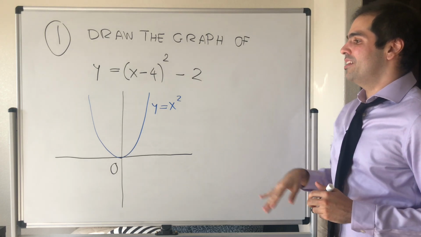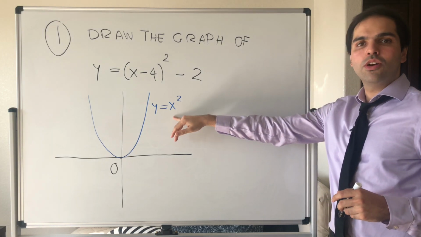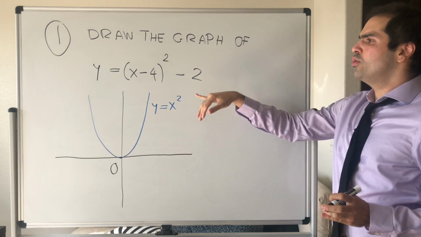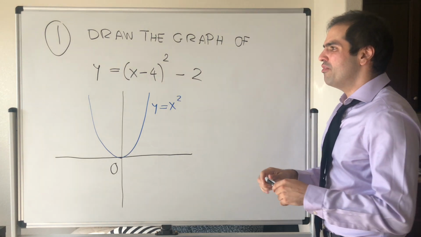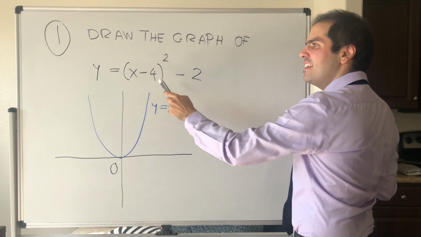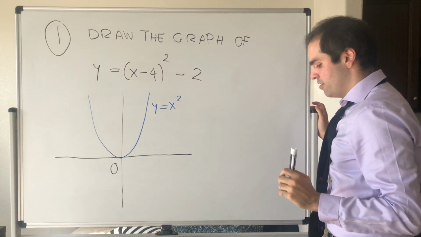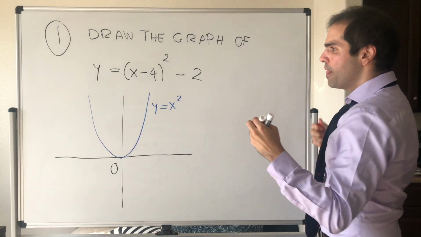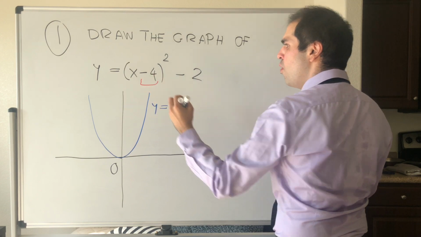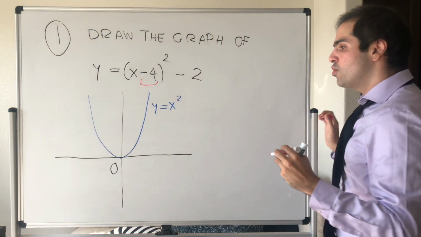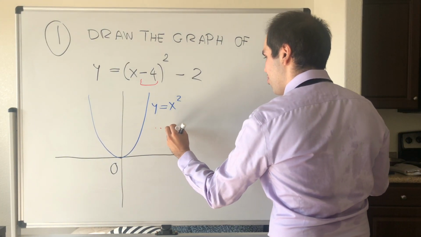Okay, question 1. Given the graph of y equals x squared, how would you draw the graph of y equals (x minus 4) squared minus 2? Now, because of this minus 4, you have to shift the graph to the right by 4 units.